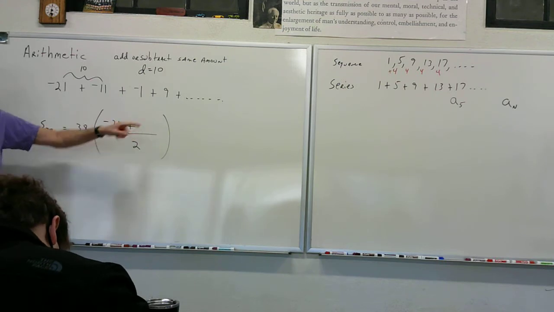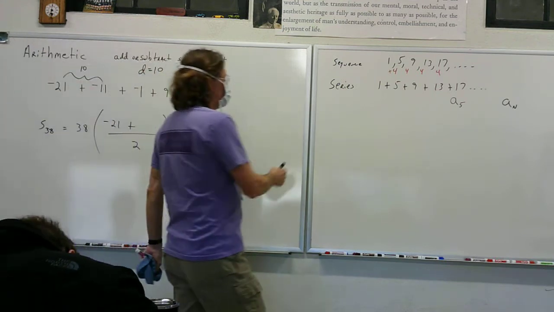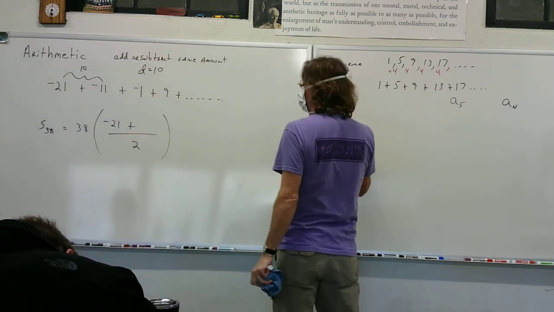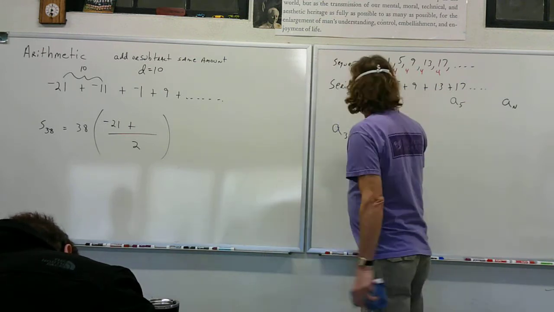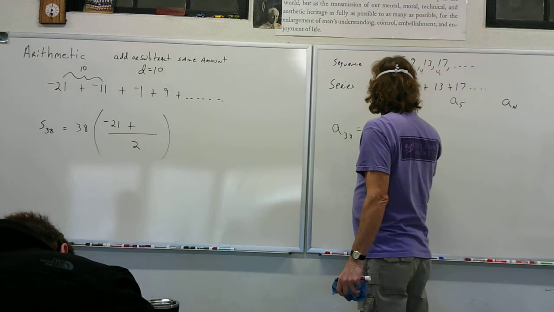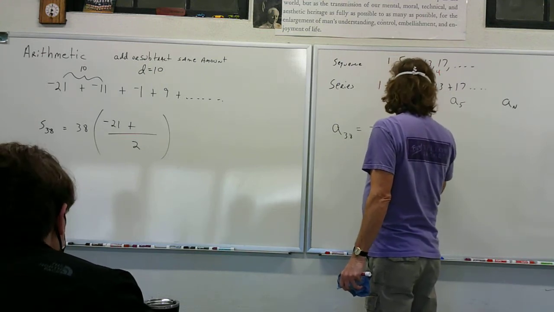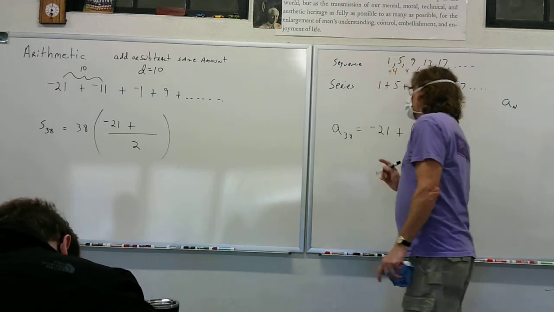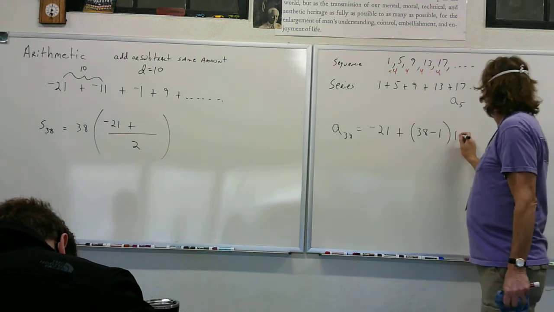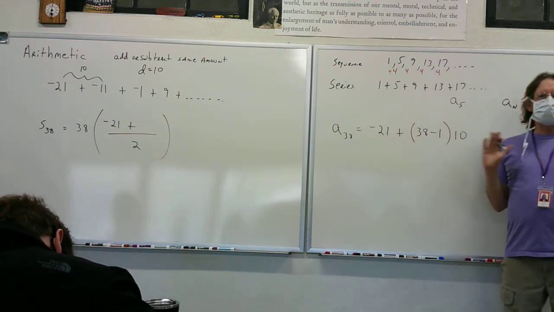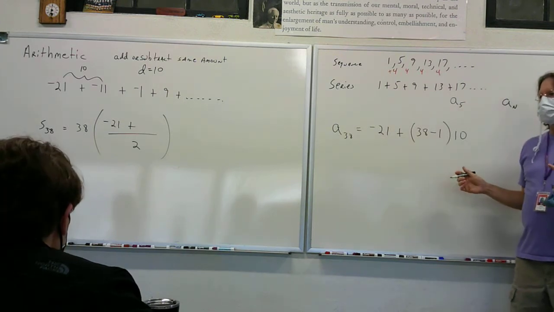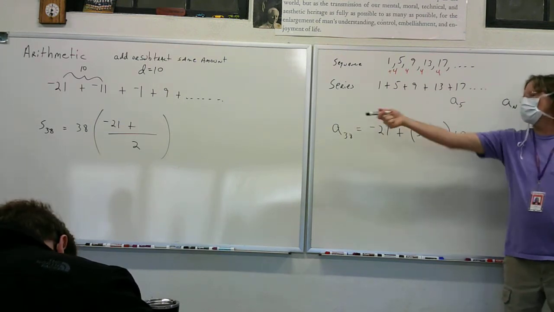Right? And to find the number that goes in that blank, what you want to do is go over here and just use your formula. A of 38 equals first term, negative 21, plus 38 minus 1 times the difference. The difference was what? 10. And if you only know these two formulas, that's what you always have to do. You have to go over here and do this and put it into that blank.